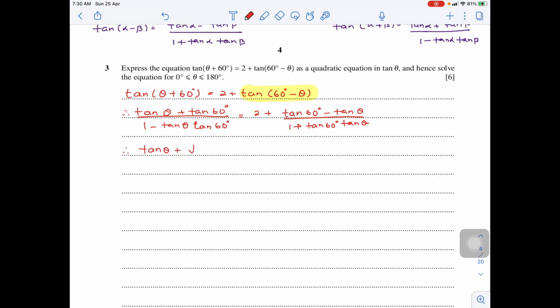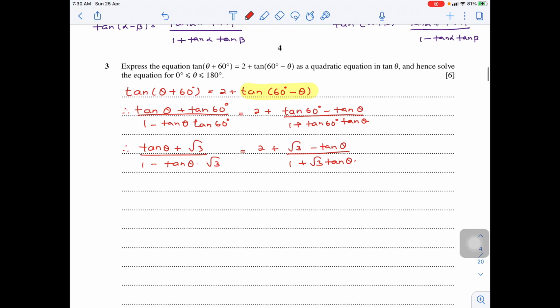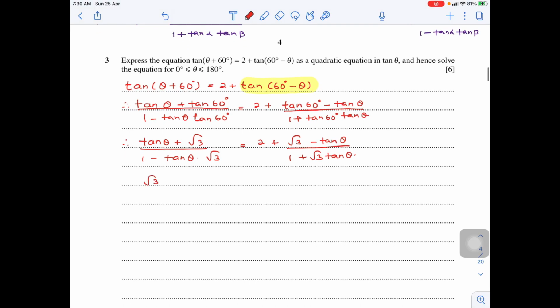If your calculator gives you exact values, you don't have to remember. If your calculator doesn't give them, then you have to remember the values. The table of values I have given to you. So (tan theta + root 3) over (1 - root 3 tan theta) equals 2 plus (root 3 - tan theta) over (1 + root 3 tan theta).